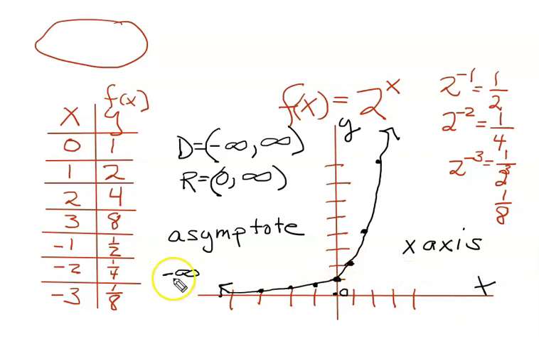Now, what direction does the x-axis lie? Well, it's horizontal, so we call this the horizontal asymptote when it's in this direction. Later in one of our other units, we'll talk about a vertical asymptote, which is the y-axis, but not yet.